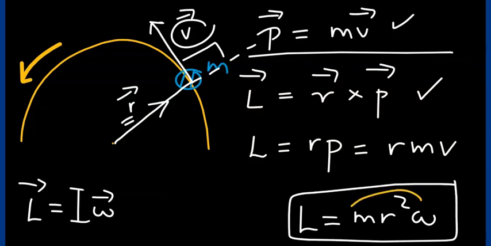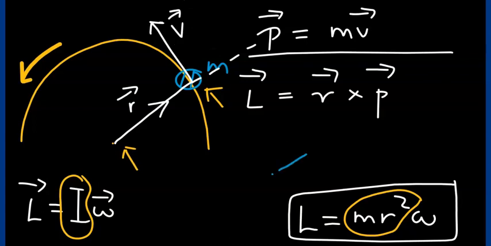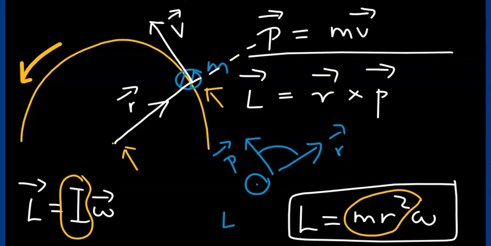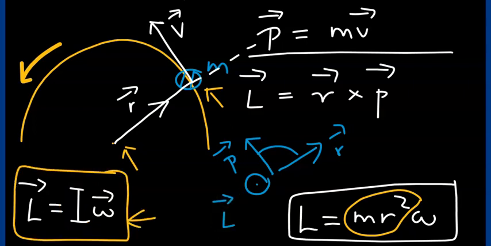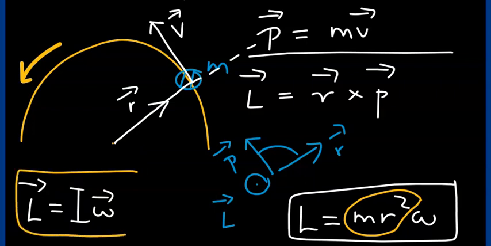We immediately recognize m r squared as the moment of inertia of this particle m about this axis of rotation. We also see, since r is going that way and v is going that way, or p, since it's parallel to v, when you curl your right hand fingers from r to p, the direction of your right hand thumb is pointing outward. So that is the direction of the angular momentum, as we have concluded earlier from this equation.